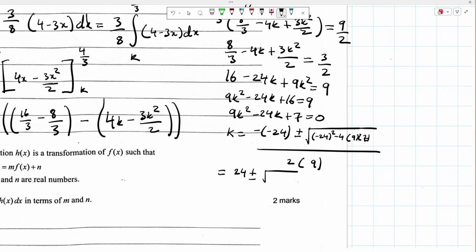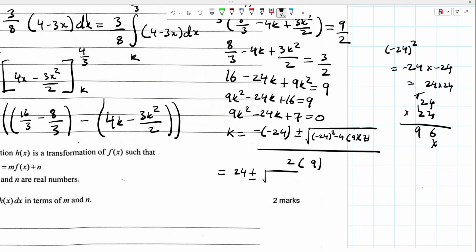Let's figure out what negative 24 squared is. Numbers are getting quite big. That's just negative 24 times negative 24. That's the same as 24 times 24. Let's figure that out. So that's 576.